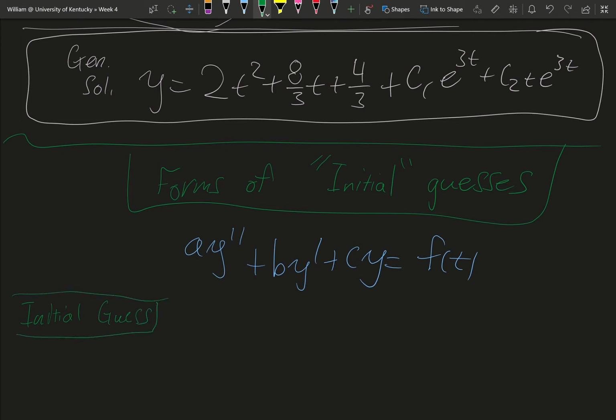I'm not going to use this till later, but we're going to let p of t denote a polynomial of degree n, so up to t to the n.